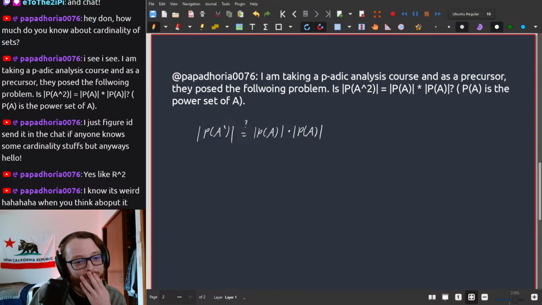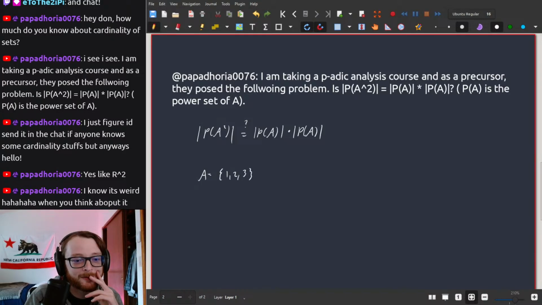I try and think about this with... I mean, should we just check it for a finite case? I assume the finite case is going to work, but if A is {1, 2, 3}, 1, 2, 3.